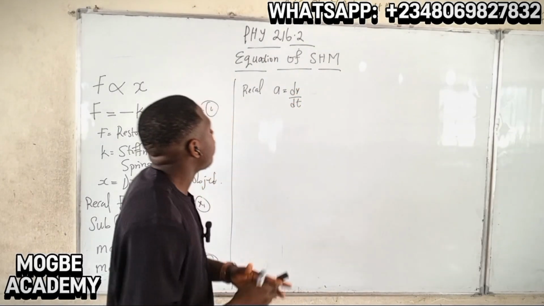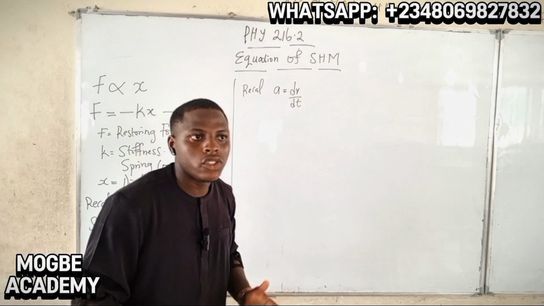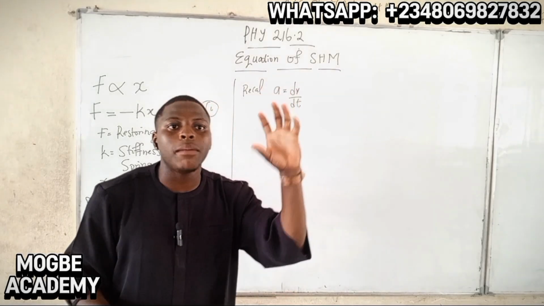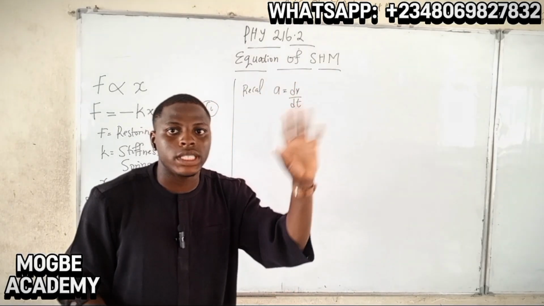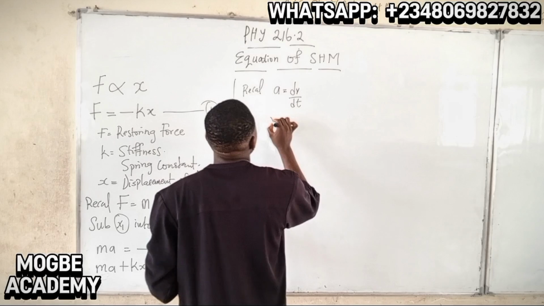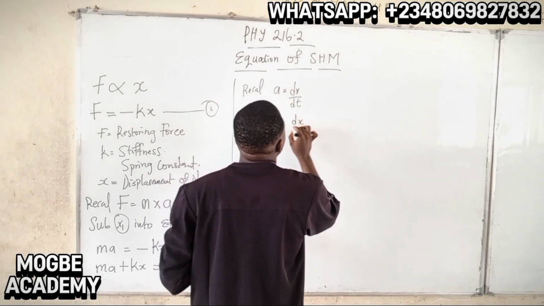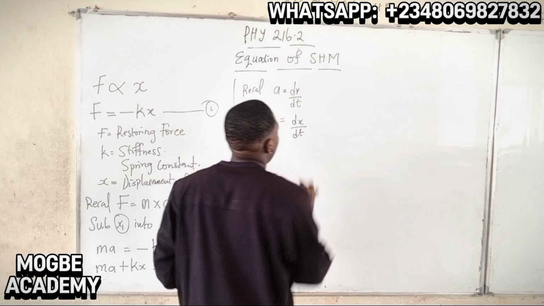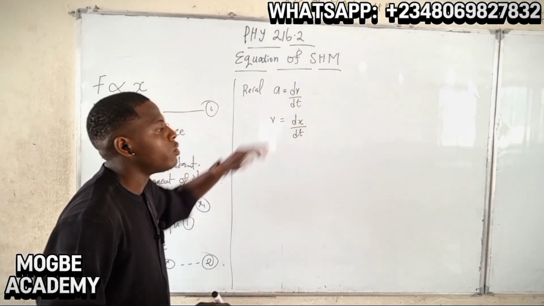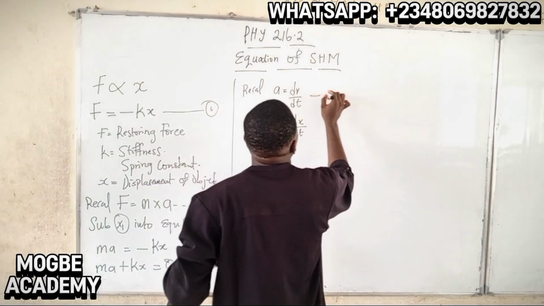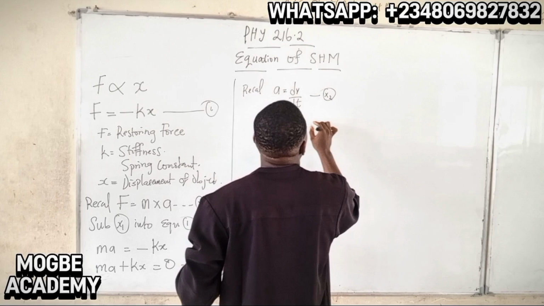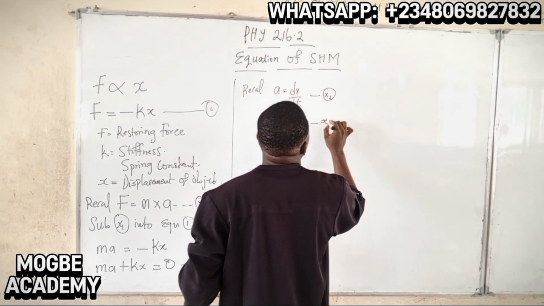Now remember, velocity is another parameter on its own that has two parameters involved. Velocity is also the change of displacement over the change of time. This is acceleration and this is velocity. Now let's call this asterisk S2 and let's call this asterisk S3.